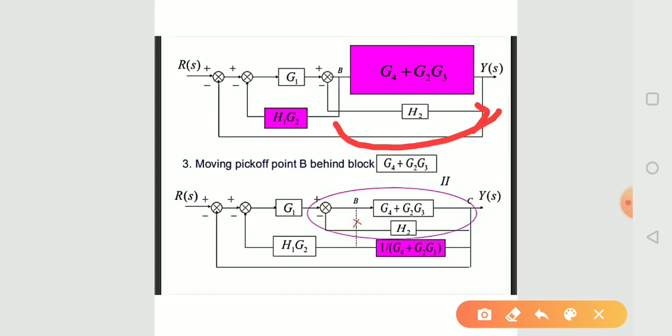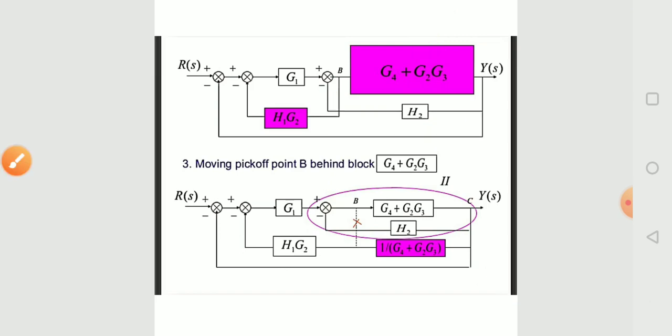So we want to take this point behind this block, so this gain is multiplied for the path of this point. So our answer is 1 over G4 plus G2 into G3.